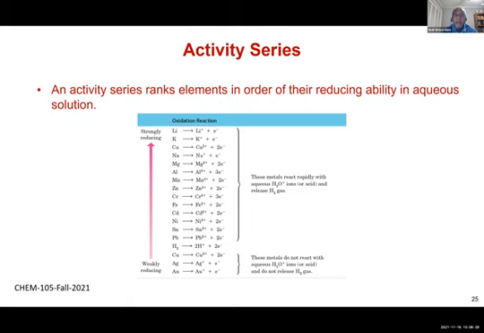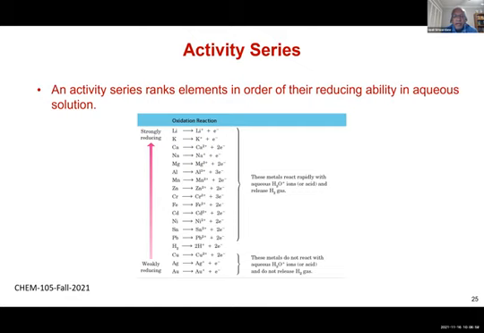This ability to reduce protons to hydrogen is greatest at the top of this activity series. Lithium is the most reactive, and as you go down, the metals are less reactive.